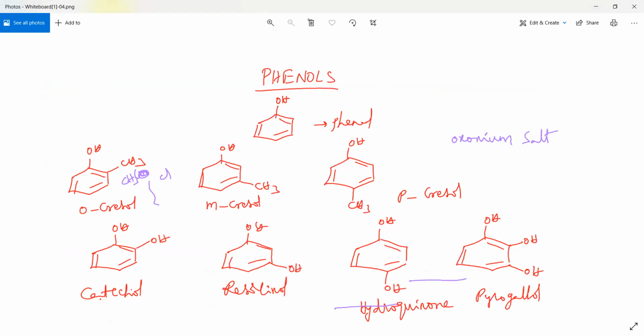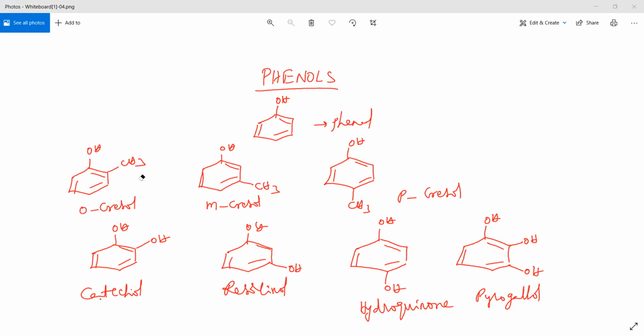Next, phenols. There are different types of phenols. Phenol having a methyl group is considered cresol: orthocresol, paracresol, metacresol.